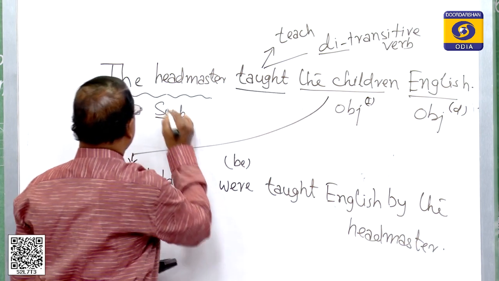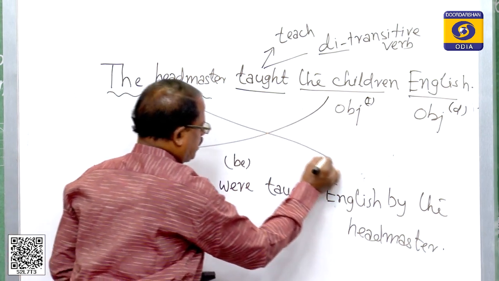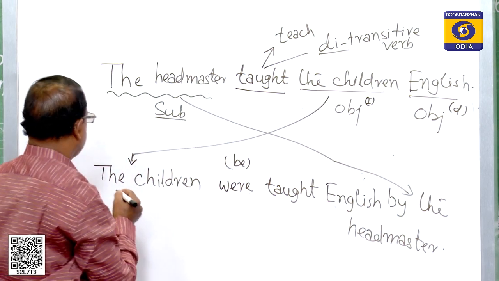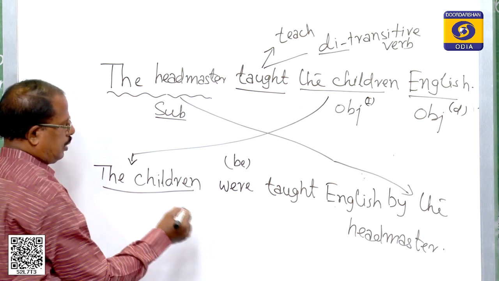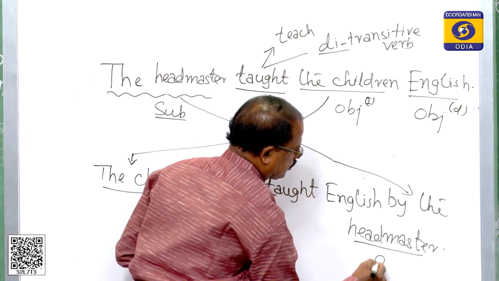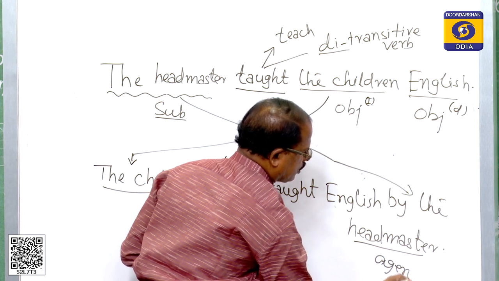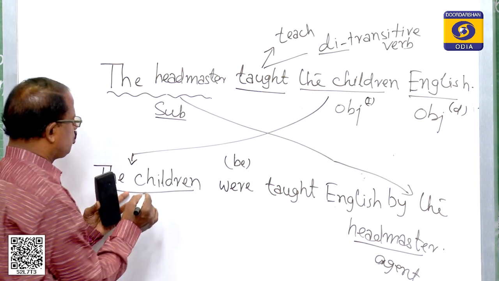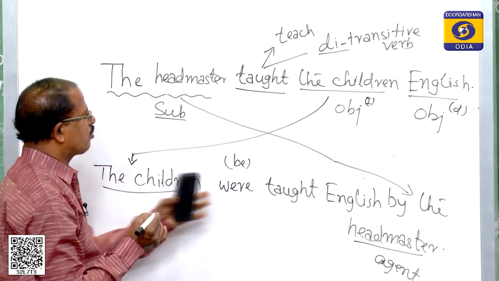So, what happens, you see? This is the subject, and this is the object. This is what we say the agent, right, and this is the patient, which is affected, that means the children were taught.